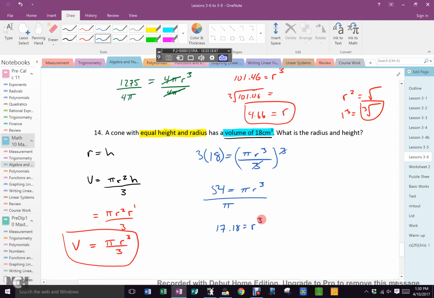Right? Now, cube root of 17. If you've been paying attention, you know that for the cube roots, there's a cube at 27, and there's a cube at 8, yes? 2 times 2 times 2, and 3 times 3 times 3. Is 17 between 8 and 27?